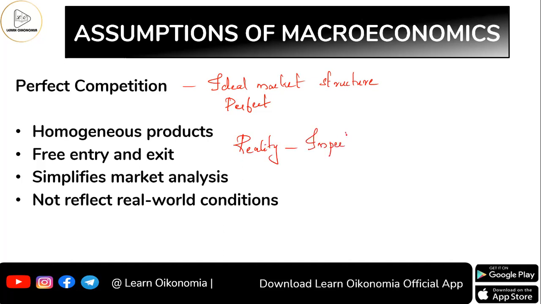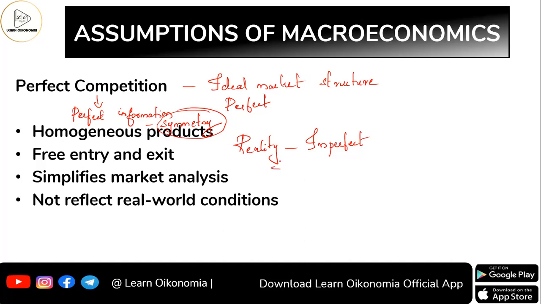For example, just take the case of information. In perfect competition, we have a perfect information scenario. Perfect information just means a symmetric situation, symmetry in information. So if you have two persons, a buyer and a seller, dealing with a transaction, we deal with symmetry with respect to information. That means both the buyer and the seller will have the same information regarding the product. But in reality, this is not happening.